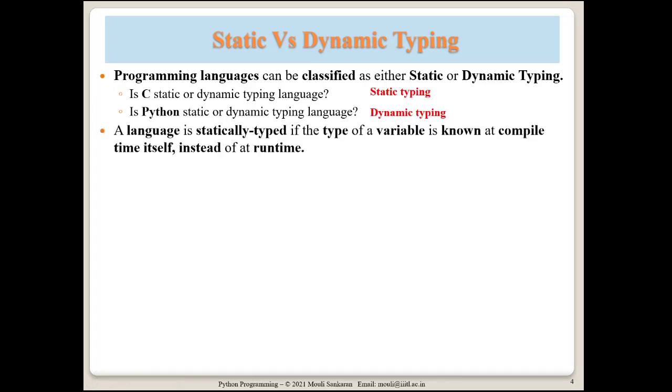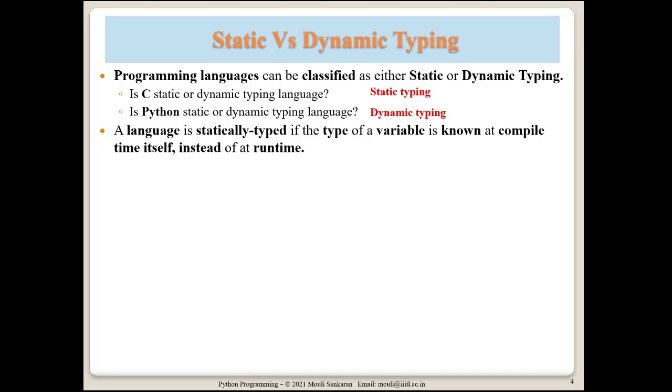Static and dynamic typing. A language is statically typed if the type of variable is known at compile time. So the difference here is on whether the compiler, which is looking at your variables, knows what type of object or data type a particular label or variable is referring to.